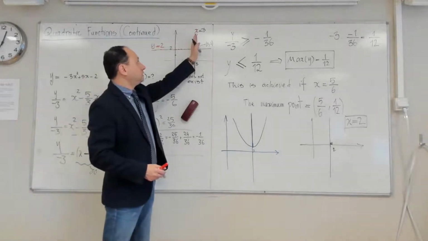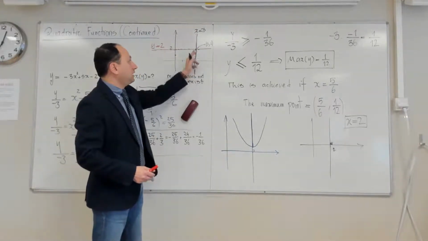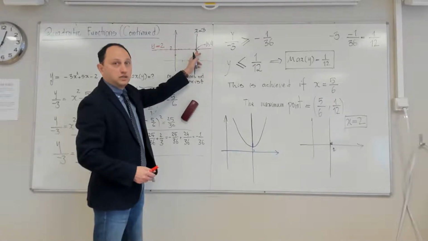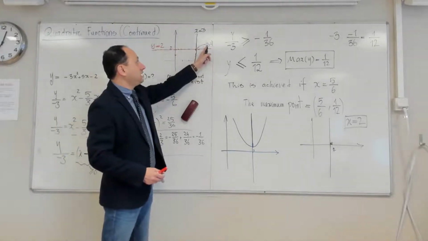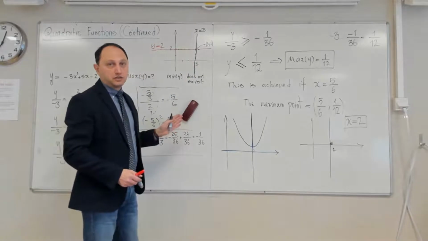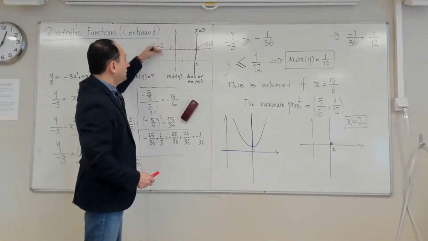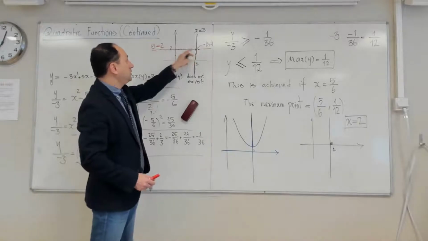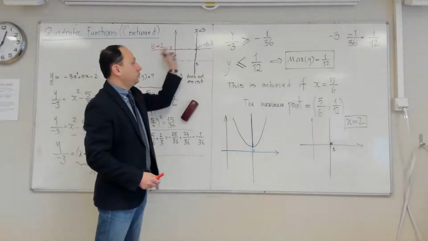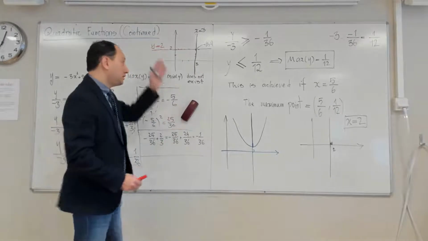If you are interested in a vertical line passing through that point, you say x equal to the x coordinate. If you are interested in a horizontal line, you say y equal to the y coordinate.